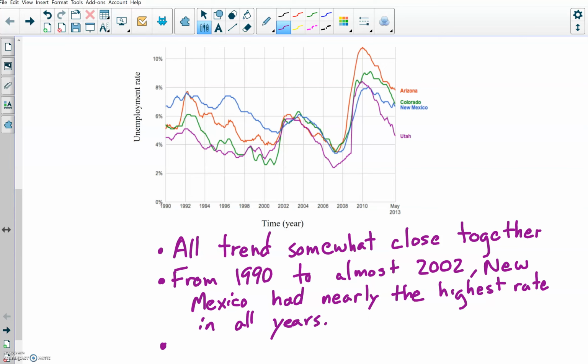And then the last one, again, you could have seen other things, like maybe you noticed that Utah seemed to trend towards the bottom all the way through. They had one of the lower rates all the way through. Colorado was pretty good too, and then they jumped up after 2008. But what's standing out to me is that from 2008 on, Arizona had the highest rate.